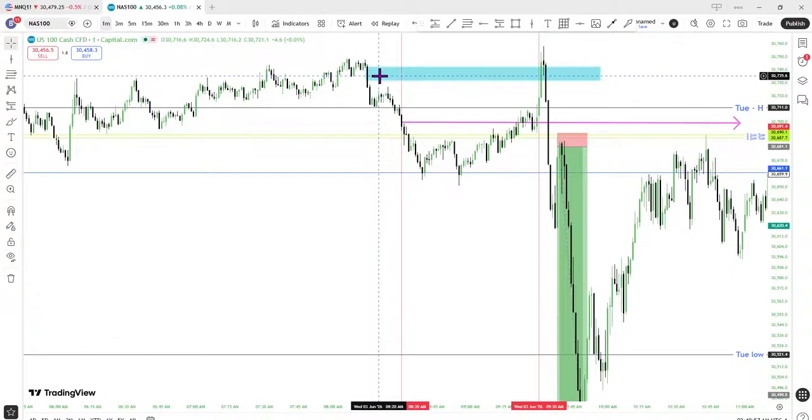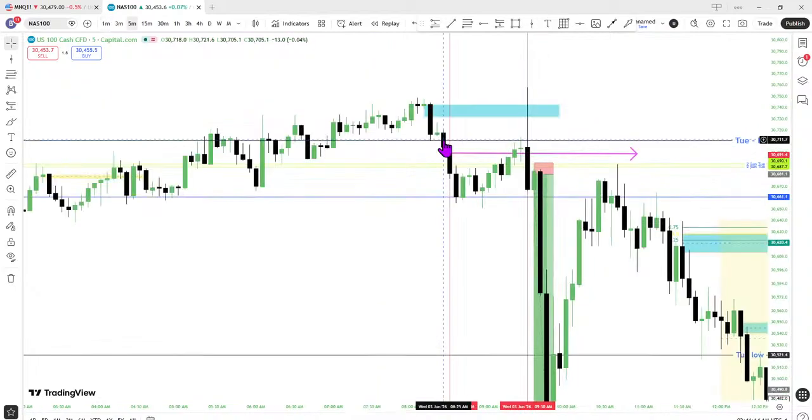If you go to the 5 minute time frame, here is the 5 minute time frame, you can see the market clean. You can see how the market moves. Only the bodies of the candles did not move above Tuesday's high, which is this black line. Hope you are following me.